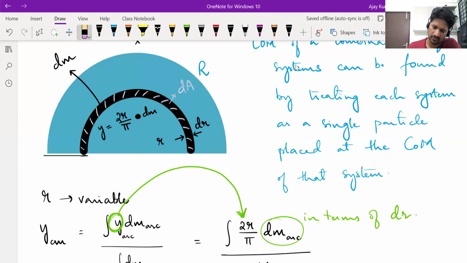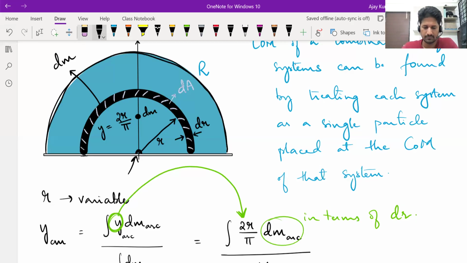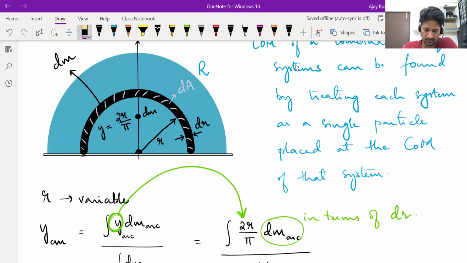First semicircular ring will be over here like this. In fact, it won't even be like that. I cannot show it. That's the first semicircular ring. And the last semicircular ring will be like this. What are their radii? dr and r.